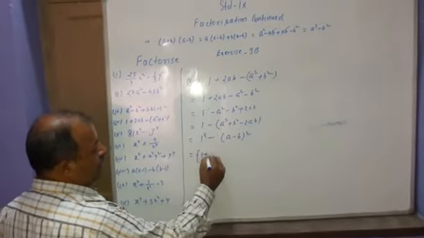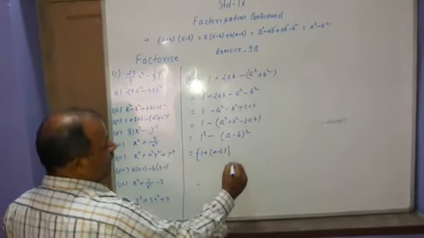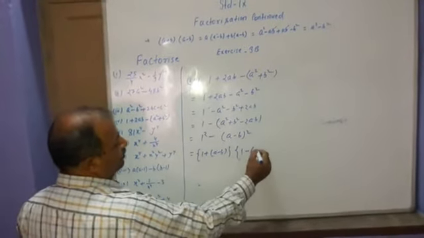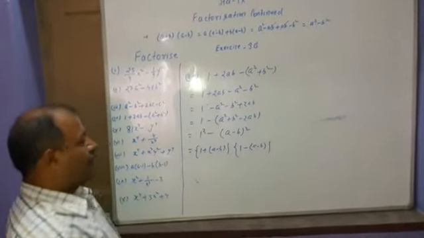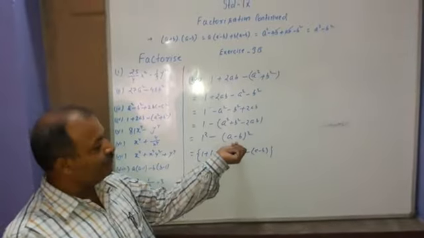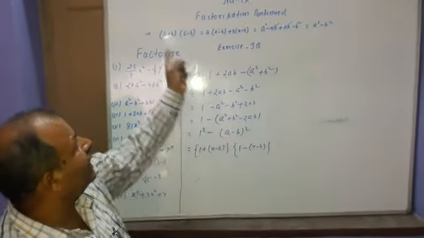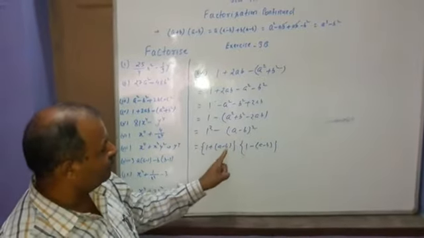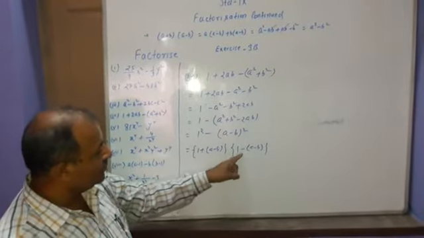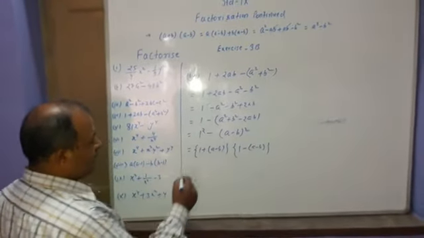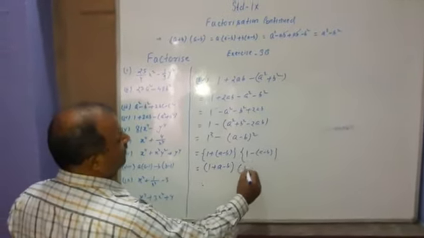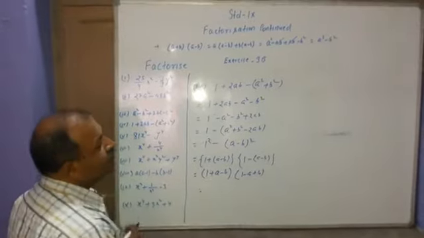In the place of a we assume 1 and in the place of b we assume a minus b. When we write a plus b, it will be 1 plus (a minus b). When we write a minus b, it will be 1 minus (a minus b). After breaking these brackets, we get (1 plus a minus b) and (1 minus a plus b).